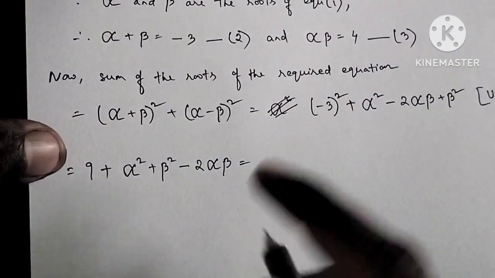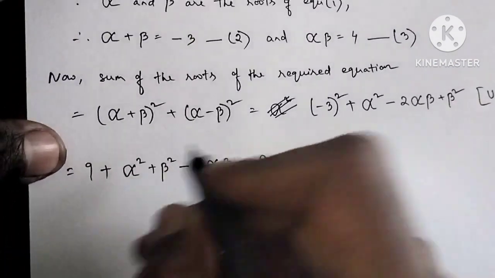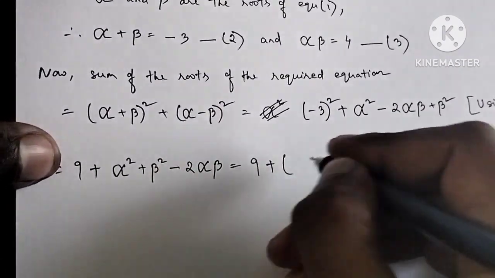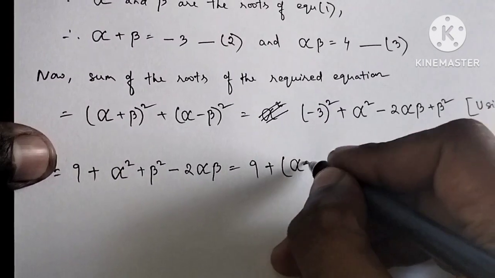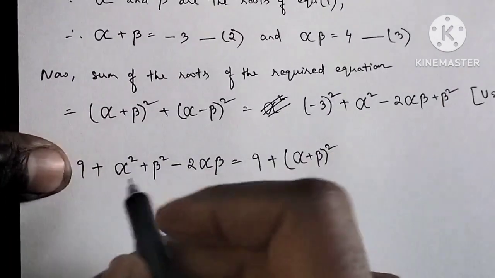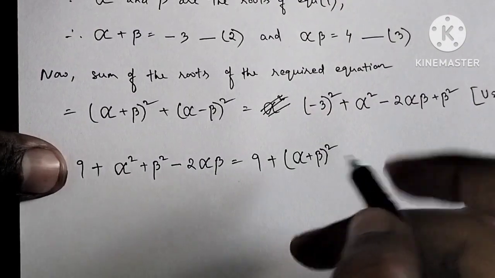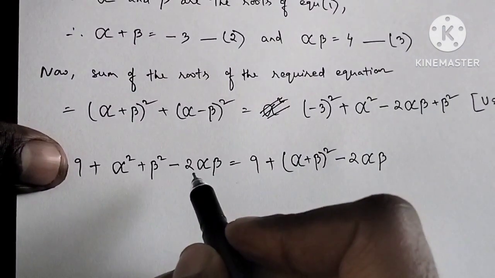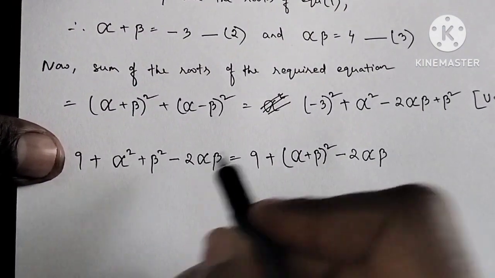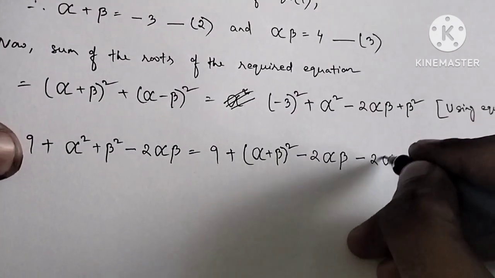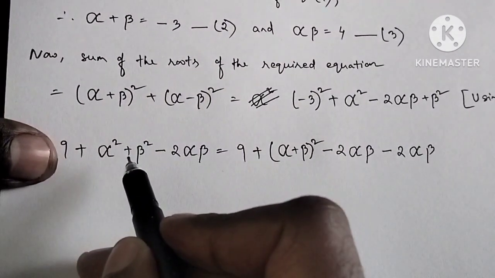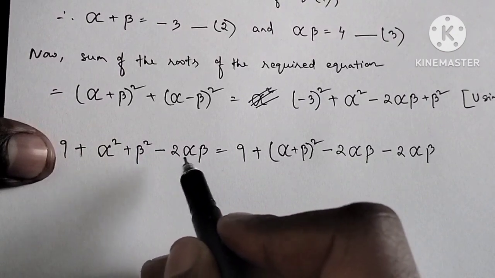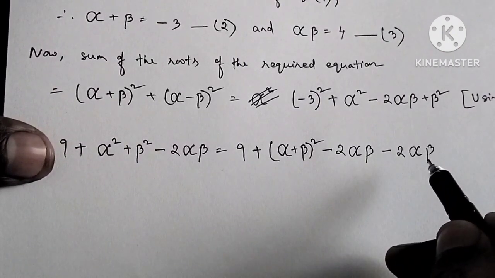Now this we can write as alpha square plus beta square, I am writing it as (alpha plus beta) whole square minus 2 alpha beta, and the minus 2 alpha beta was already there, so minus 2 alpha beta.